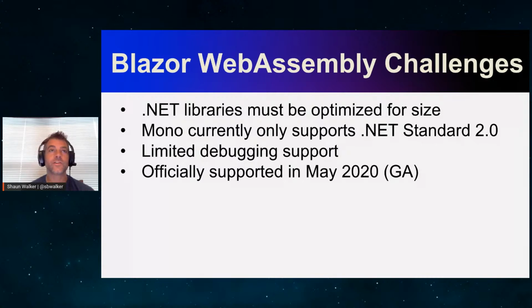Well, now that you're wanting to transfer those to the browser, that is an issue. You certainly don't want big bloated DLLs being transferred over the wire, and the end user waiting for those to be received in order to actually see their application being rendered. So there's been a lot of work by Microsoft to try and optimize the size of these DLLs so that it requires less time to transfer them to the browser.